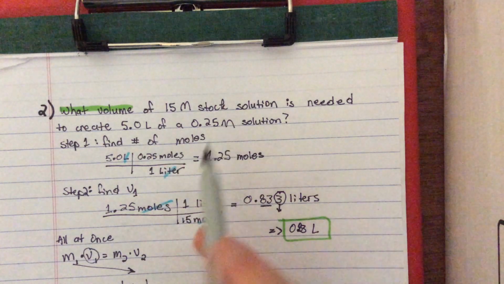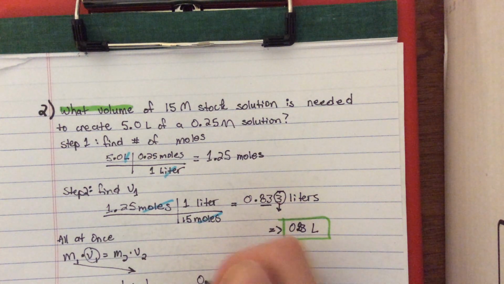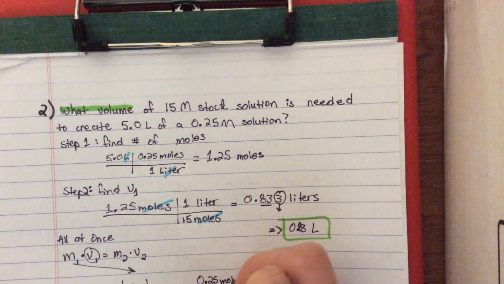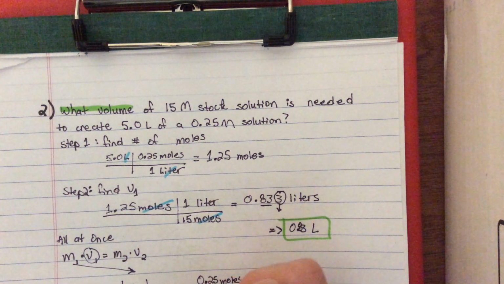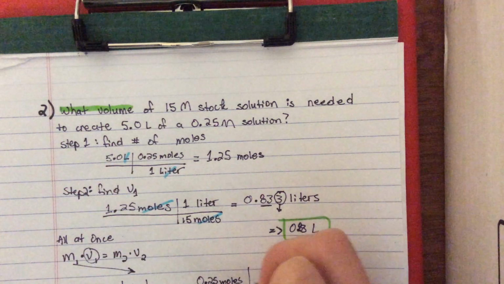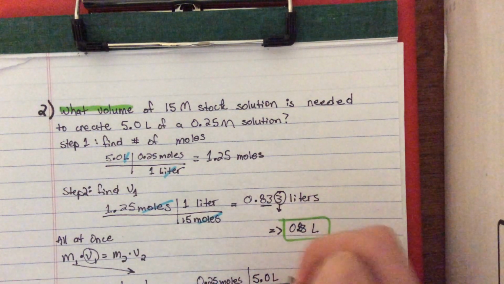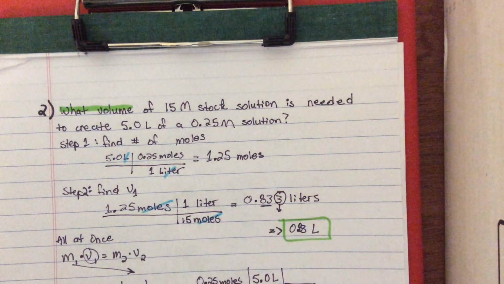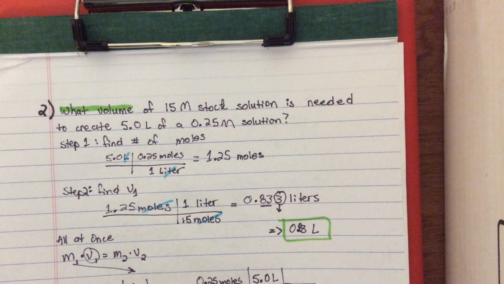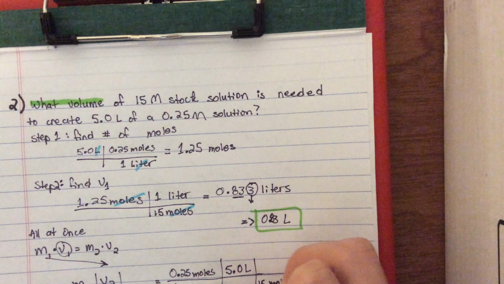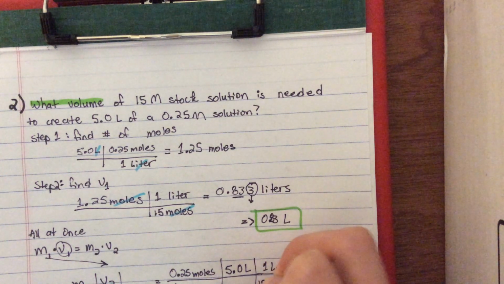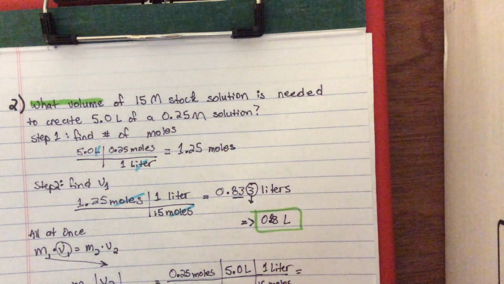So we have our final concentration, 0.25 moles for every liter. We have our final volume, 5.0 liters. And we have our initial concentration, but it is flipped over, so the 15 moles needs to go down below, and the 1 liter will go up top.